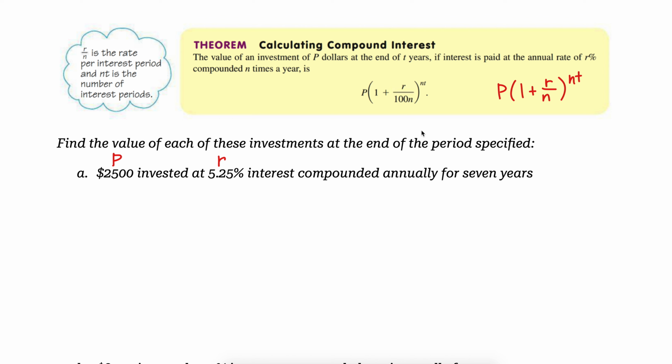Compounded, simplified, just means how often interest is calculated a year. If it's compounded annually, that means it's compounded once a year, so our N value is just going to be 1. And then finally in the formula, T stands for time, the length in years. In this case, it's 7 years.